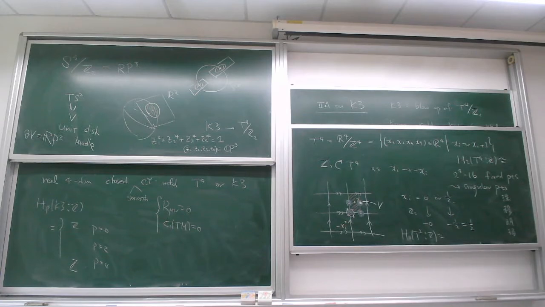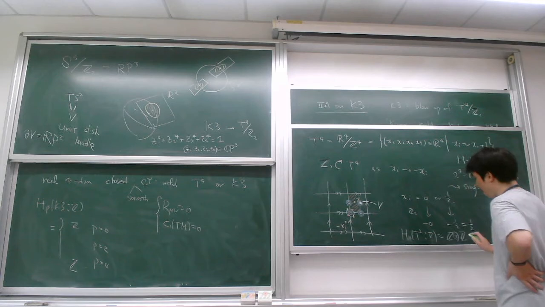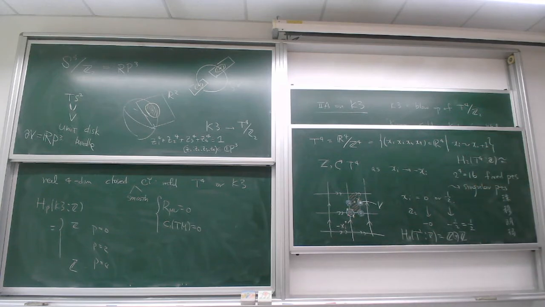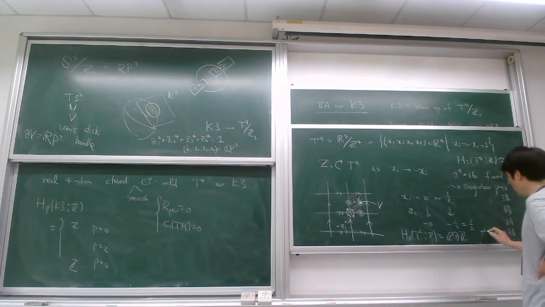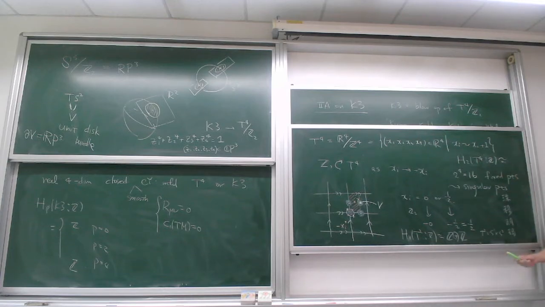Z plus Z. How do you see that? So T2 is given by S1 cross S1. You pick one of them, right? 2 choose 1, 1 out of 2.